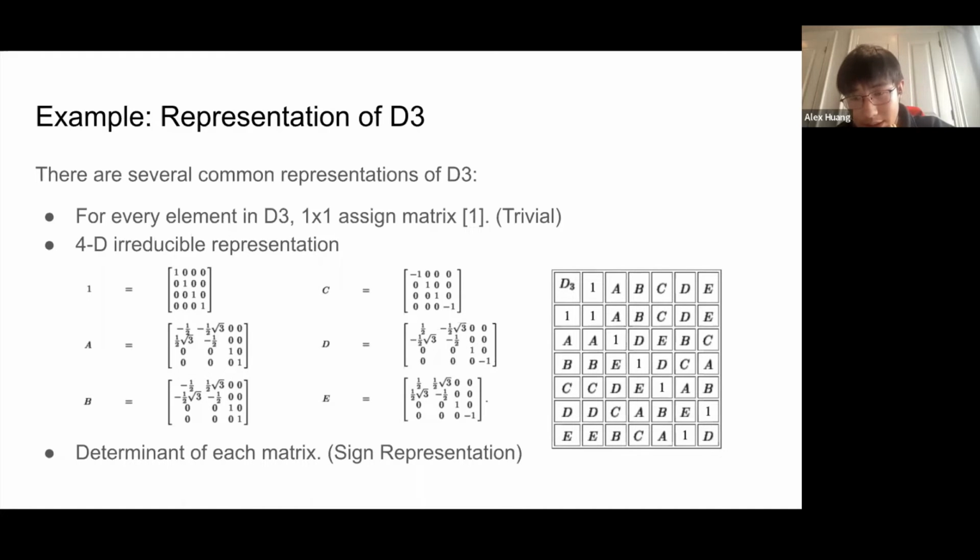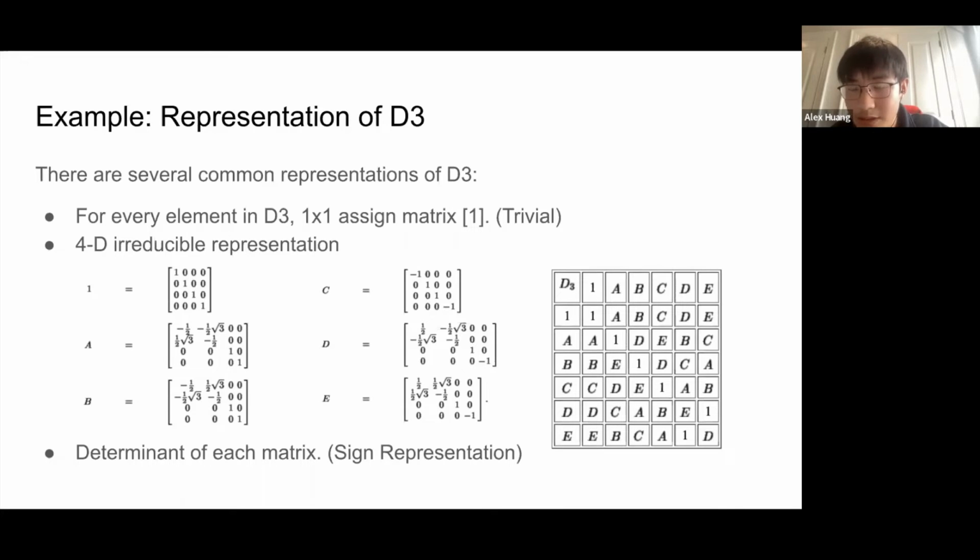But here you see a table. What does it mean? Basically, you see the first column and first row, right? The first row means the first element in D3 that you want to compose, and the first column is the second element in D3 that you want to compose.